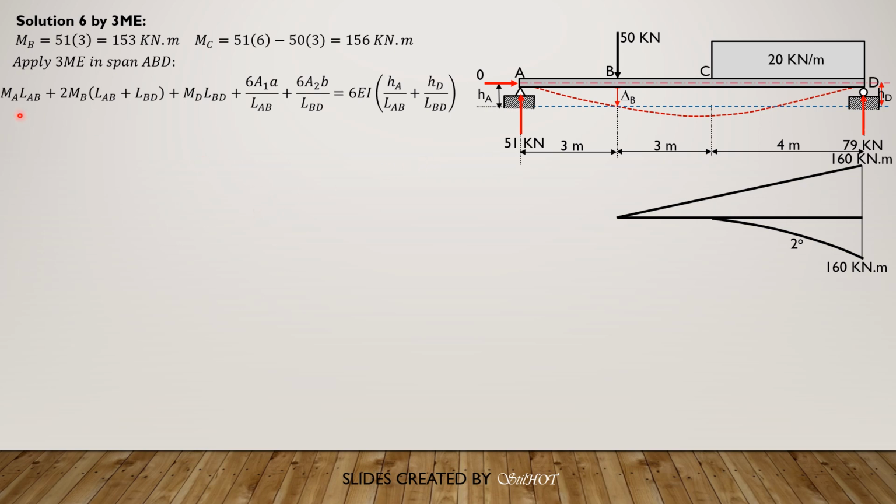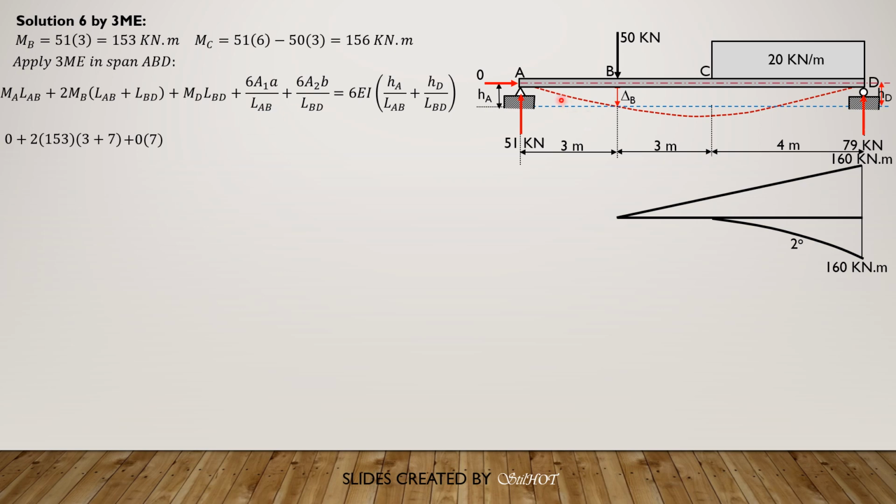So that's the form of the three moment equation. I hope that you're already through with your three moment equations, or you have touched this subject in your theory of structure subject. MA is 0, so we begin with 2 times 153 times quantity 3 plus 7 plus 0.